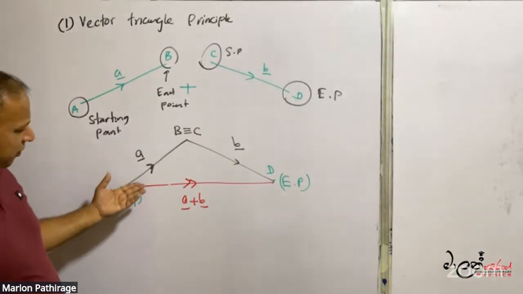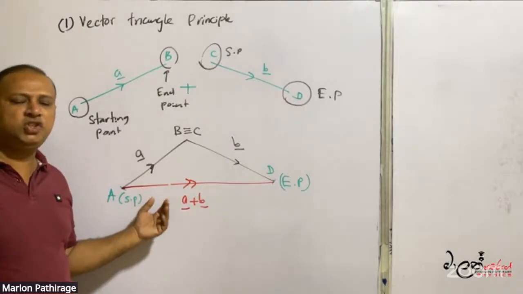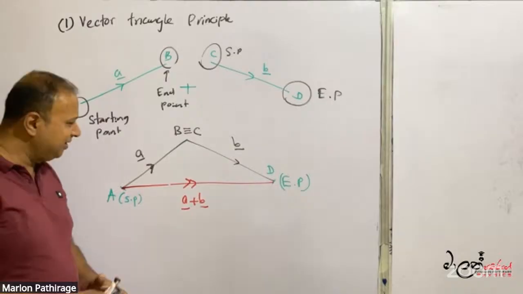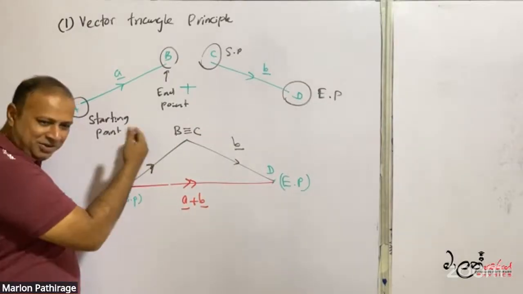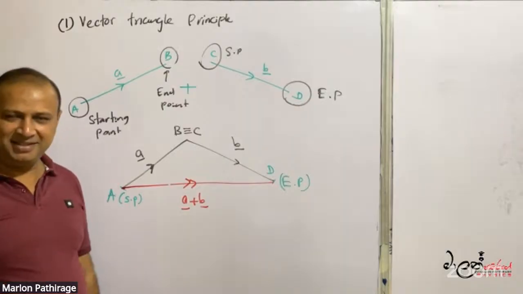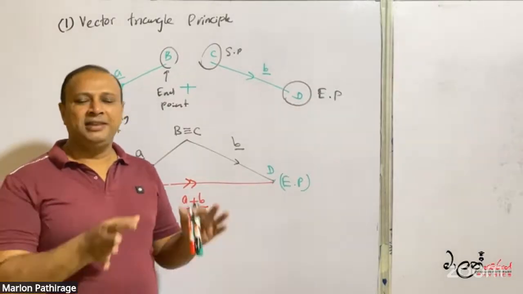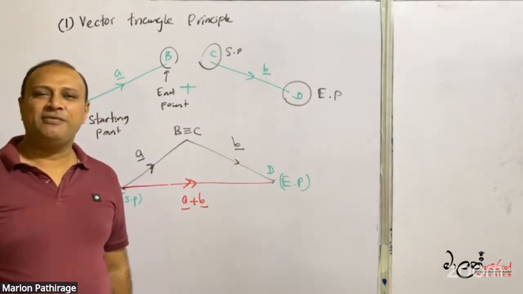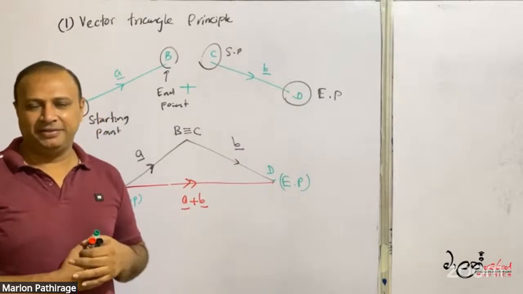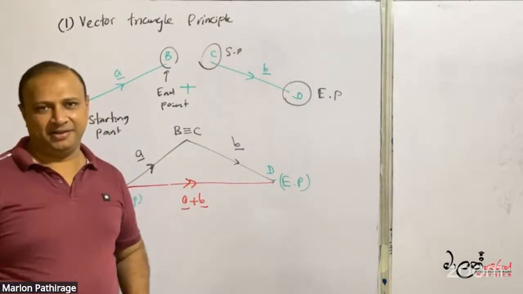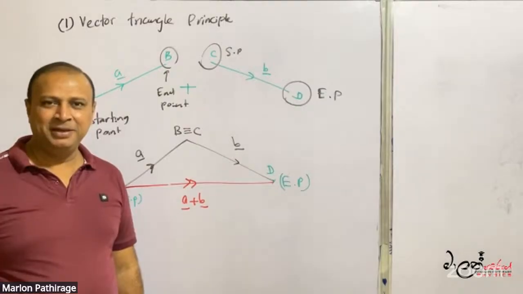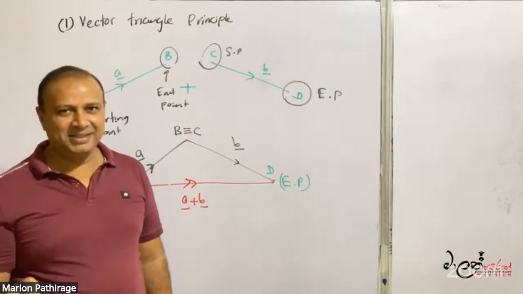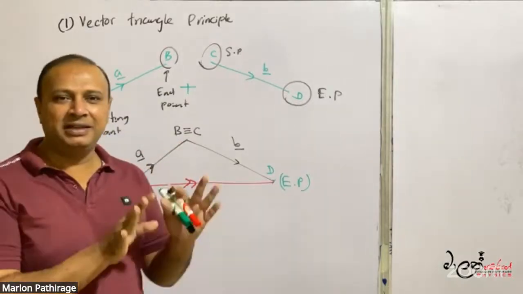Now, if you look into this geometrical figure, you can see this is a triangle. And therefore, they have created another theorem to add two vectors. Actually, this is not another theorem. This is the principle of vector addition.